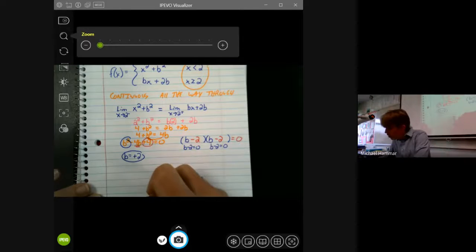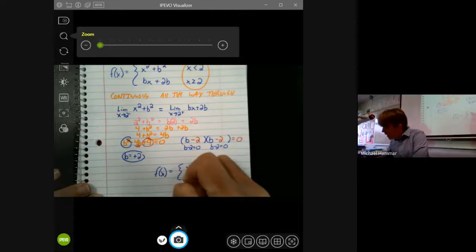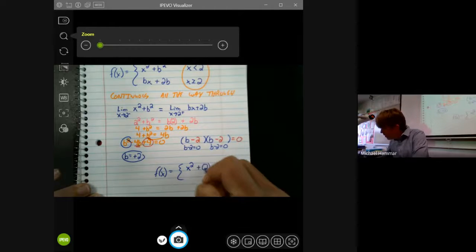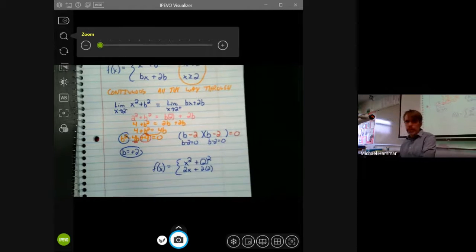Well, that function has to look like this. It is x squared plus 2 squared, whatever the value of b is, and then down here it's going to be 2 times x plus 2 times 2. So this would now be a continuous function because we set it up so that the limit from the left equals the limit from the right, and the value of b will be positive 2.